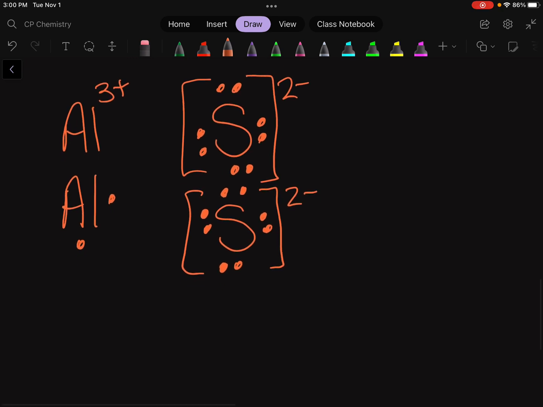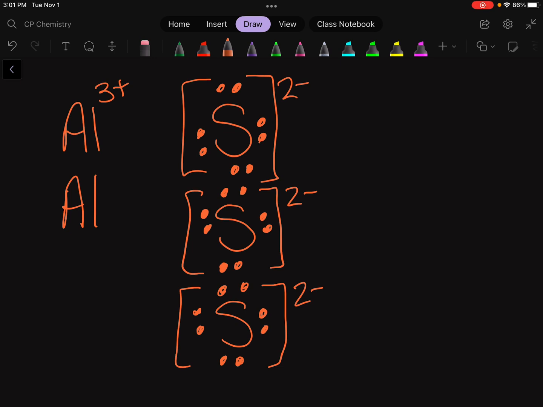So we need to add another sulfur. And this sulfur wants 2, and conveniently this aluminum has 2 to give. So once we transfer those electrons, then we're done. Everybody's happy.